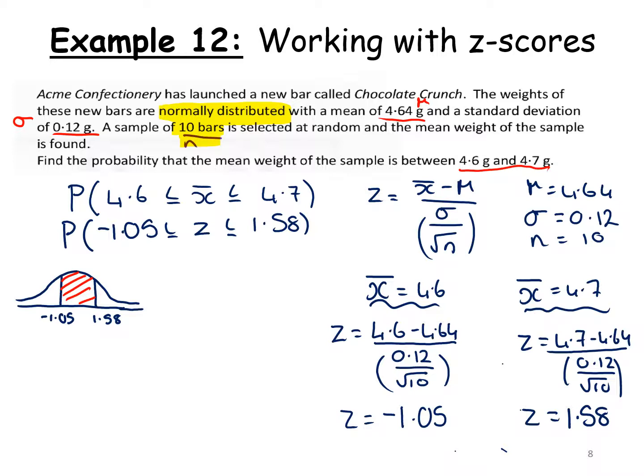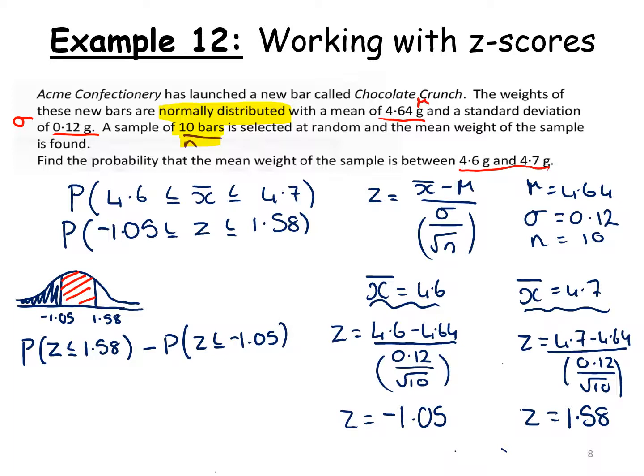So what we're going to do is get the probability that z is less than or equal to 1.58, but then we're going to take away this piece at the end, because I'm going all the way back to the left, so the probability that z is less than or equal to minus 1.05.